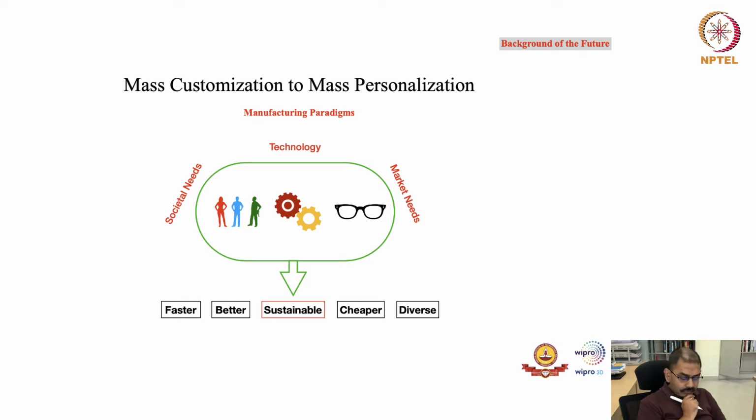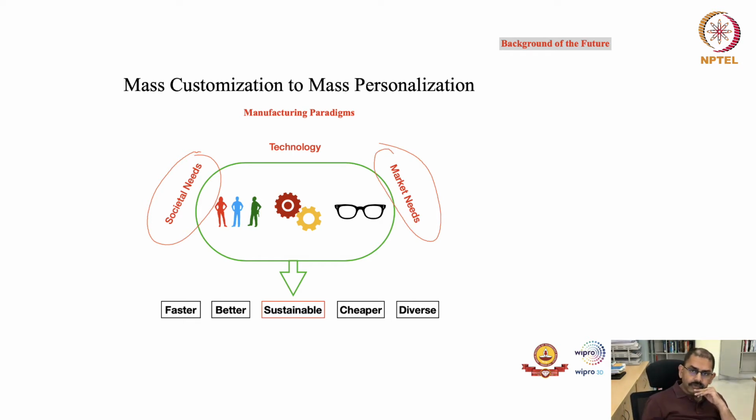Right. So I'll extend the logic. So if you see this, when we talk about the business models, I think one thing which becomes highly relevant is what is the nature of technology available, right? So when we talk about manufacturing, we still are talking about the faster, the better, the cheaper, the diverse, right?